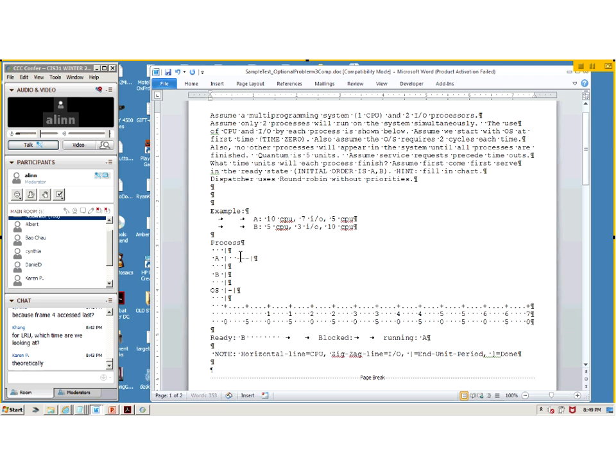Let me do that. It might make more sense to not count this start as a unit. So we start, it goes 1, 2, 3, 4, 5, and we time it out at 5, which means that the operating system is going to come in here for 2 units, 1, 2. Okay?